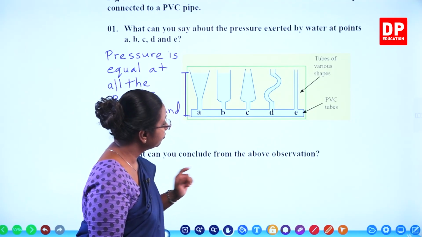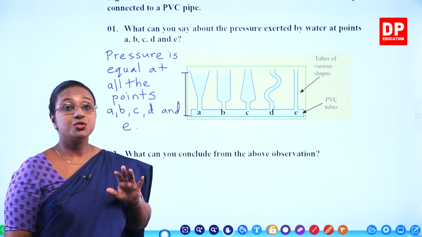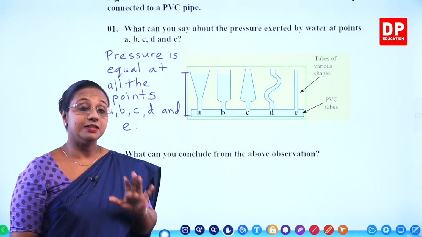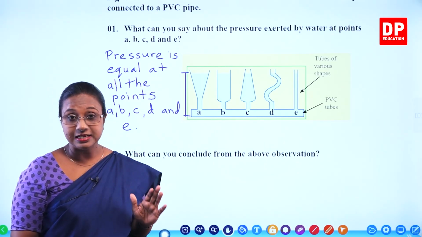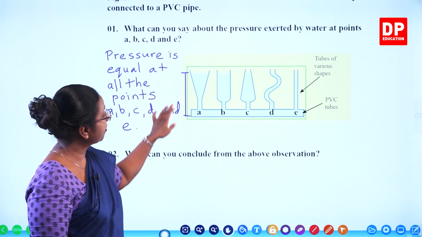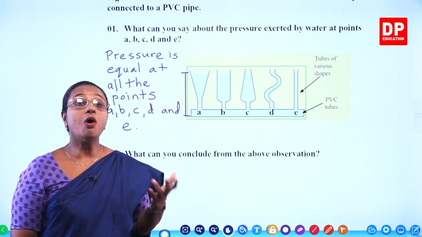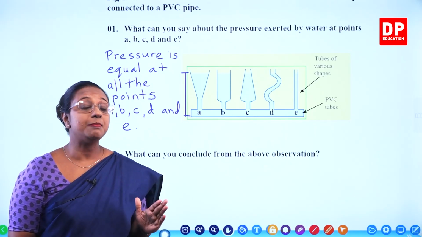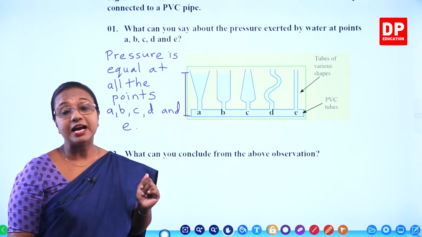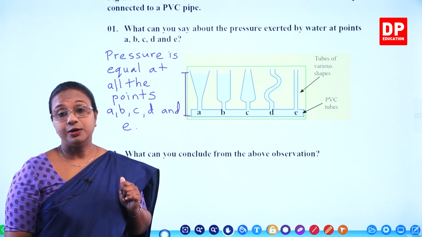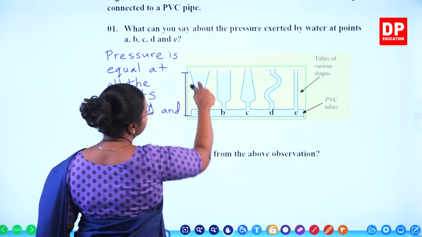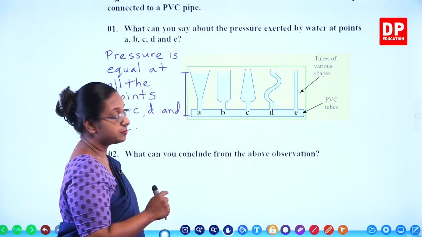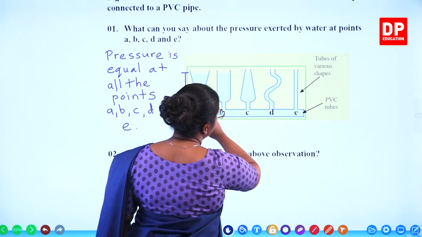What can you conclude from the above observation? So I told you all the conclusion before also. The pressure exerted by a liquid does not depend on the shape of the container or the volume of fluid that is present. It only depends on the vertical height of the liquid column. So here all the vertical heights are equal and the pressures are equal at all these points because this is the same water.